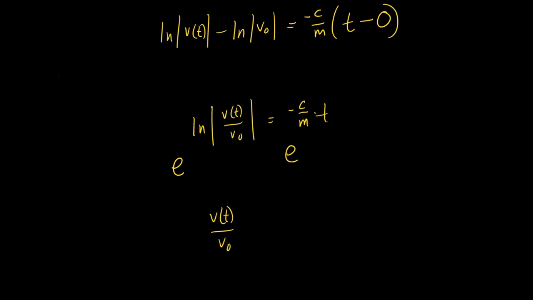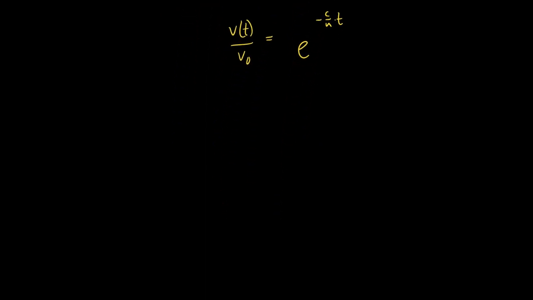So I get that on that side and that on that side. Almost done. I'm still trying to get v as a function of t by itself. So I'm thinking multiply both sides by v naught. That's it. That's the answer.